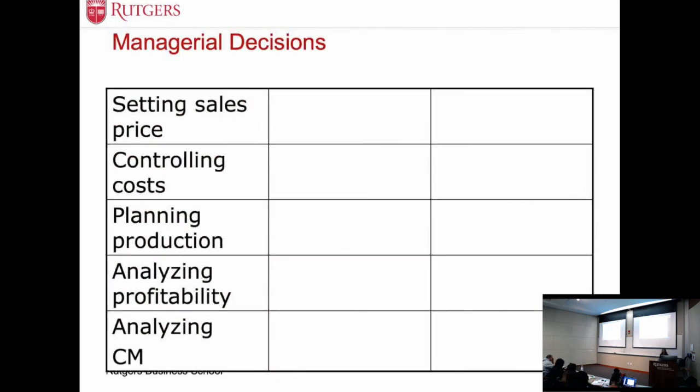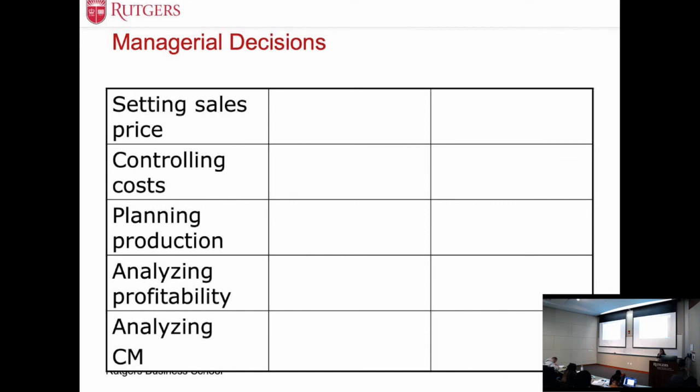And here are some managerial decision guidance or rules. So as managers, we are faced with decisions to set the price of the product, to control the costs, to plan the production amount, and to analyze the profitability of the firm.